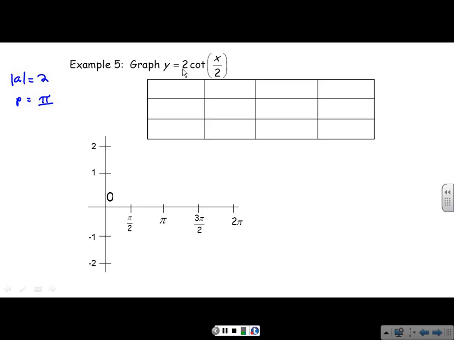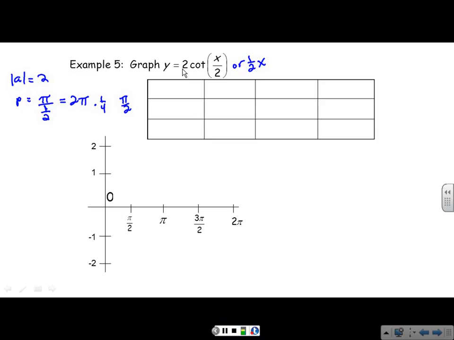Well, this can be written as 1/2 x. So we're going to divide by 1/2, and that's going to equal 2 pi. Then, to figure out what increment we're going to add to each one, we're going to take a fourth of it again, and so 2 pi times a fourth is going to be pi over 2. So we're going to add pi over 2 each time.